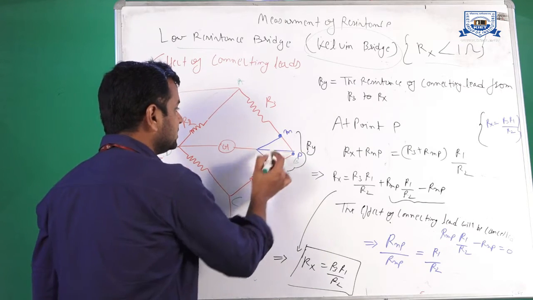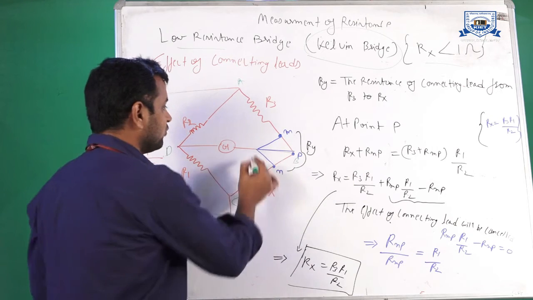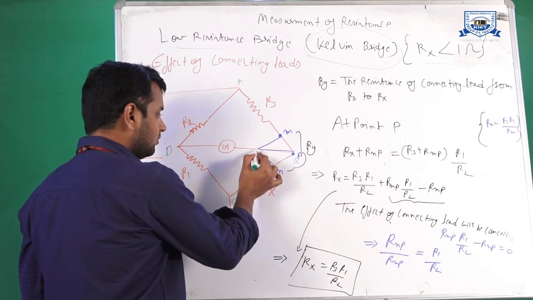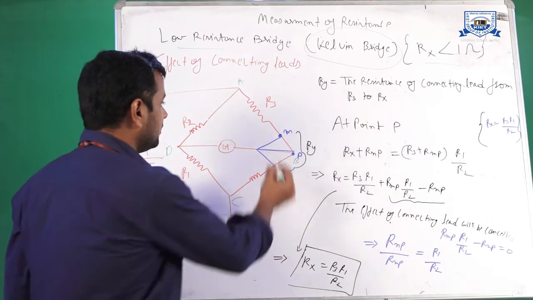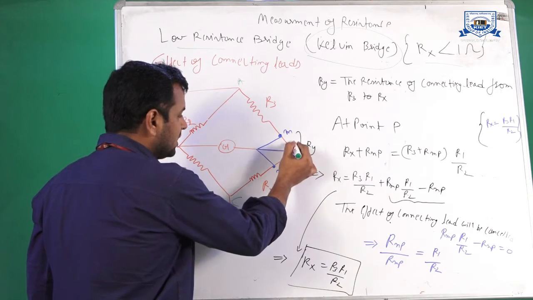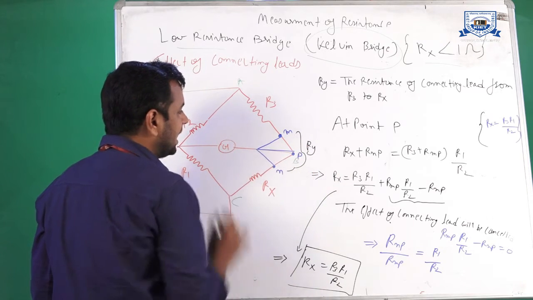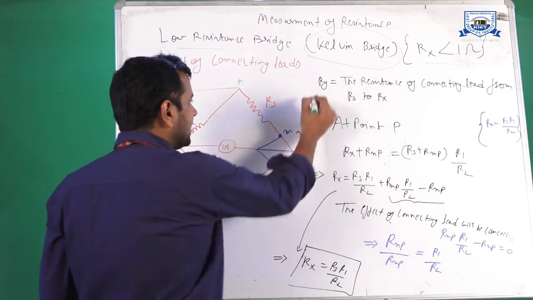Over here you can see we have considered 3 points, that is M, P and N. So we can connect on any one of the points. If we consider the total resistance RMP plus RNP, that may be considered as RY. And what is RY?